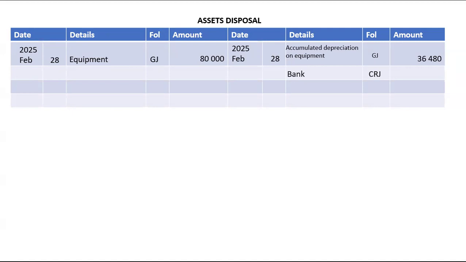It's actually general journal if it's sold on credit, but because it's bank, it will be CRJ 45,000. The profit will be on the debit side, which in this case will be 1,480, and this account will balance. It'll always be this way. If it was a loss, that loss will be on the credit side, but everything remains the same.